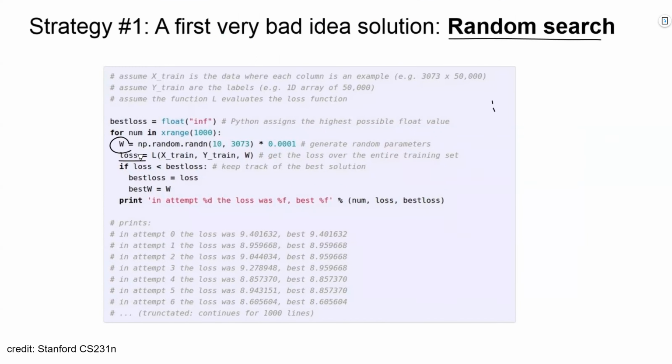If this loss is better than the current best loss, then we update the best loss and best W. And we generate multitudes of W values, and then check whether the new one is better than the previous ones. By doing so, we might be able to find a good W.